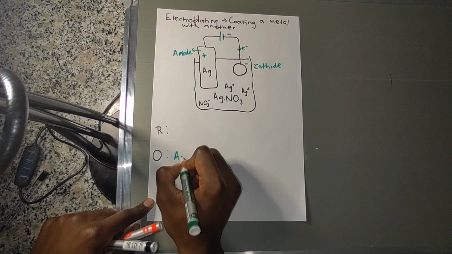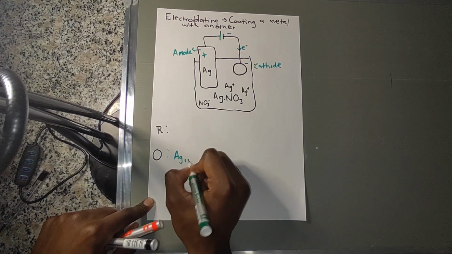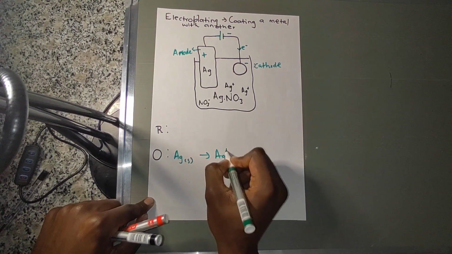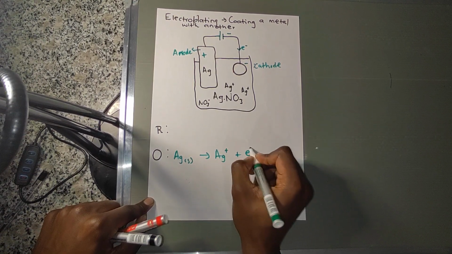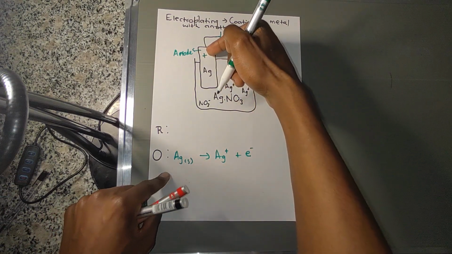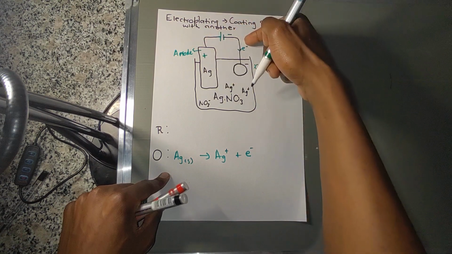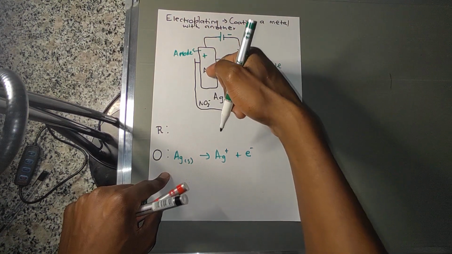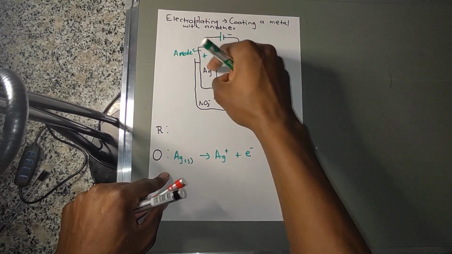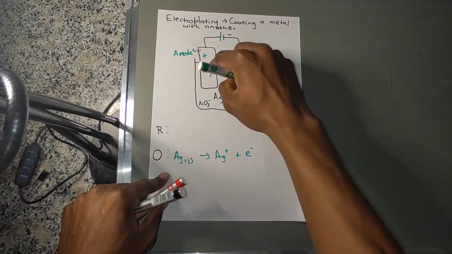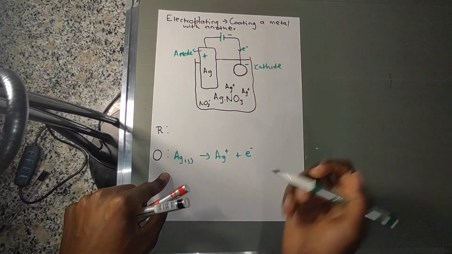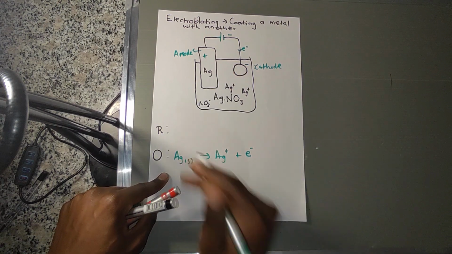So the silver, which was initially a metal, is losing electrons. When the electrons move from the silver to there, the ions here will drop into the solution and then they will attract again on the other side. When an electron moves, the ion, which is Ag plus, drops into the solution and then attracts on the ring again. So this is what is happening under oxidation.